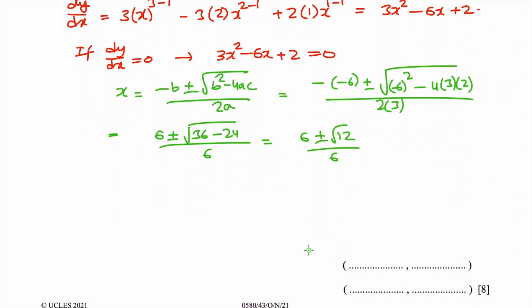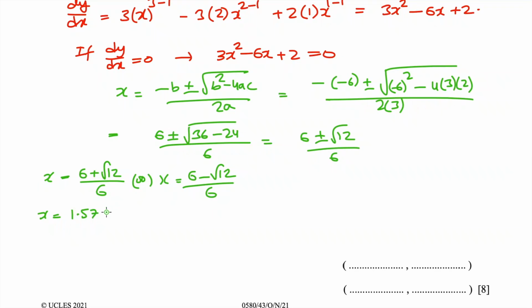So therefore, what are the values of x? x is equal to 6 plus root 12 by 6, or x is equal to 6 minus root 12 by 6. And these values, if you calculate using a calculator, are 1.57735, or x is equal to 6 minus root 12 by 6 is given by 0.422647.